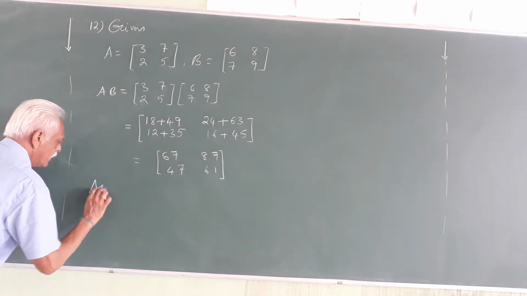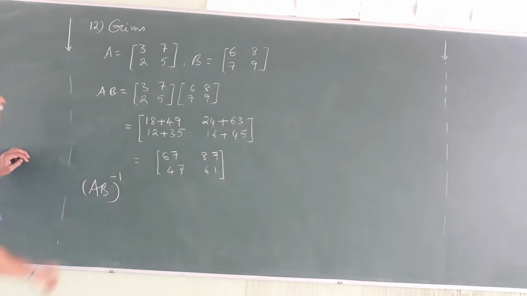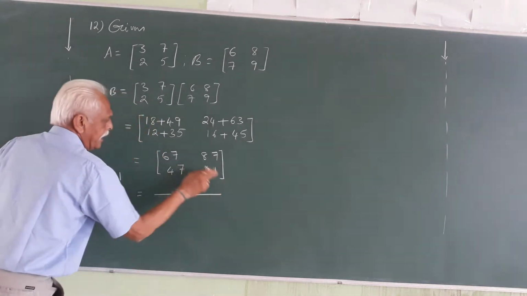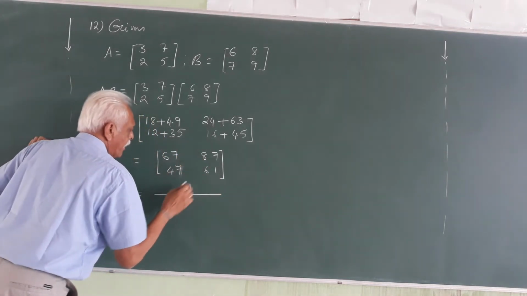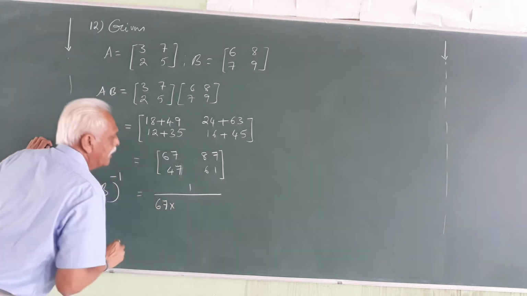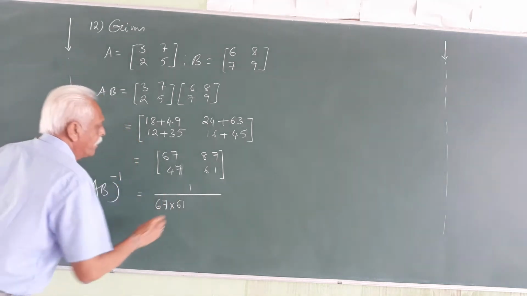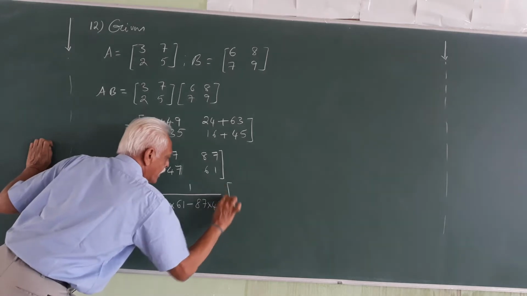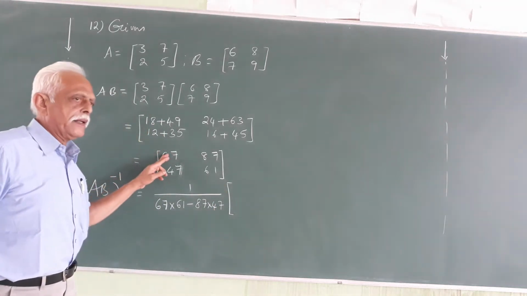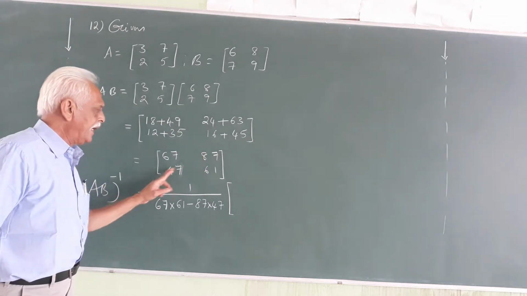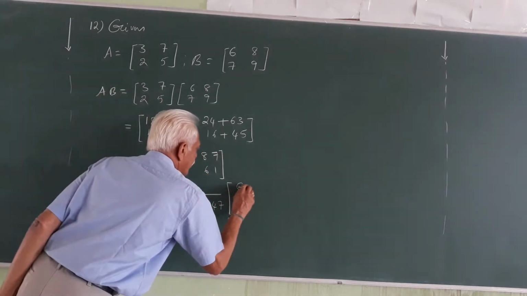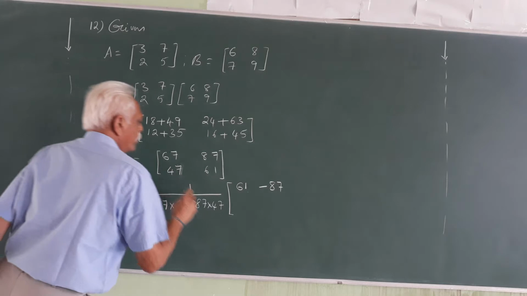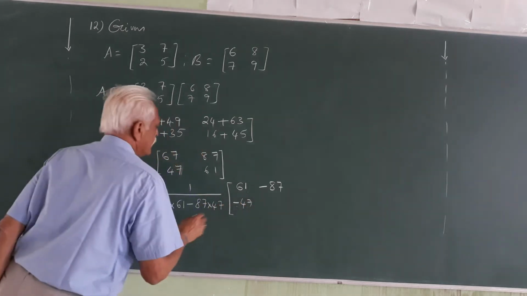(AB) whole inverse is equal to 1 by AD minus BC, means 67 into 61 minus 87 into 47, into [D, minus B; minus C, A], means [61, minus 87; minus 47, 67].